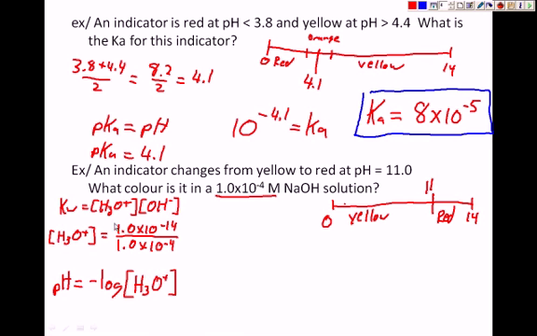Since these things are equal, I'm just going to stick it right in there. So pH equals negative log of Kw over our concentration of OH-.